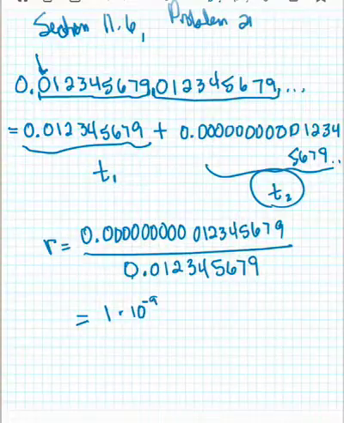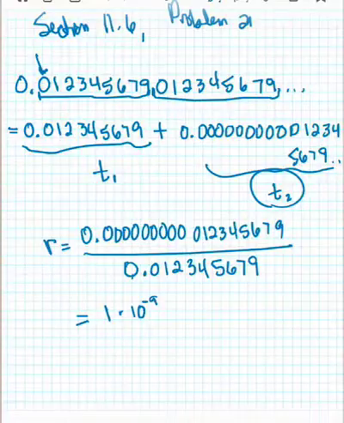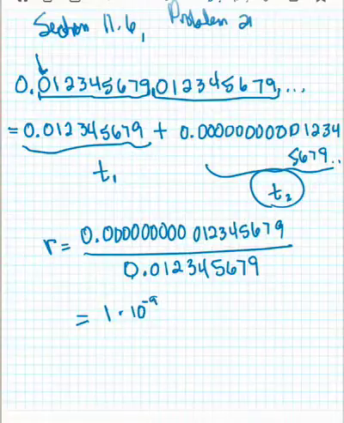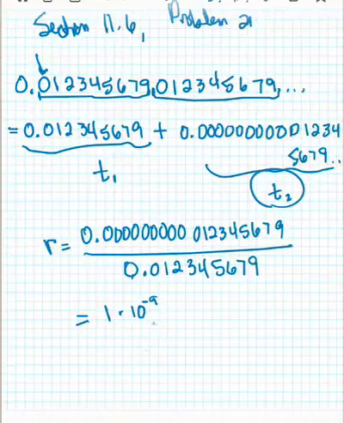I got 9 zeros for the first part, and then the sequence starts again. That's the top number, divided by the bottom. And I get 1 times 10 to the negative 9. Yep, that's the common ratio.